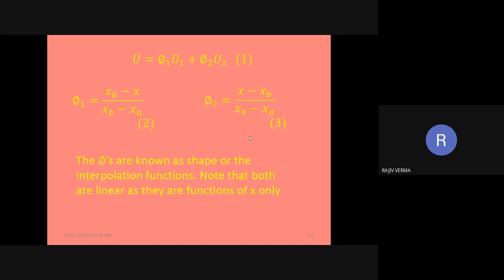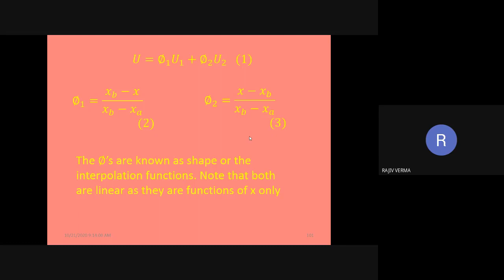Now coming back to the slide on display, we have the expressions of phi1 and phi2, and they obviously are known as the interpolation functions. Now the term interpolation function is obviously nothing new to you. You have used the process of interpolation in some other subjects also, such as thermodynamics, where you have used the steam tables.